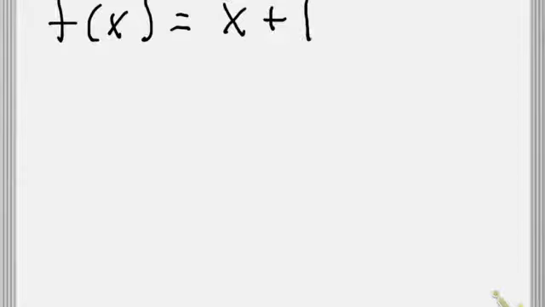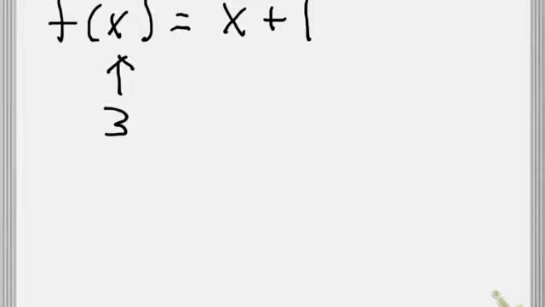So if we take that same function, f of x, and we equate it to an expression, x plus 1, and then we give x a value such as 3, all that means is that anywhere we see an x in the equation, we replace it with 3.